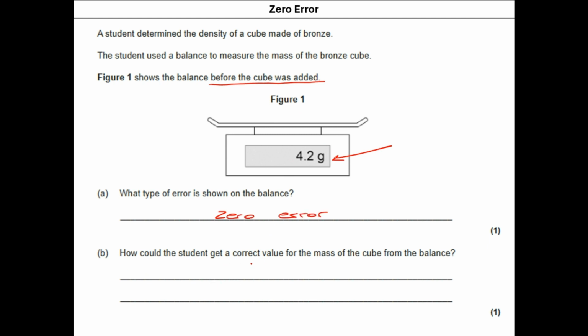How could the student get a correct value for the mass of the cube from the balance? There are 2 possible answers for this one. I would only ever give the examiner 1 because they've only asked me for 1. But one possible answer is, well, I could just reset the balance. Balances normally have a button on them called 0 or tare that resets it back to 0.